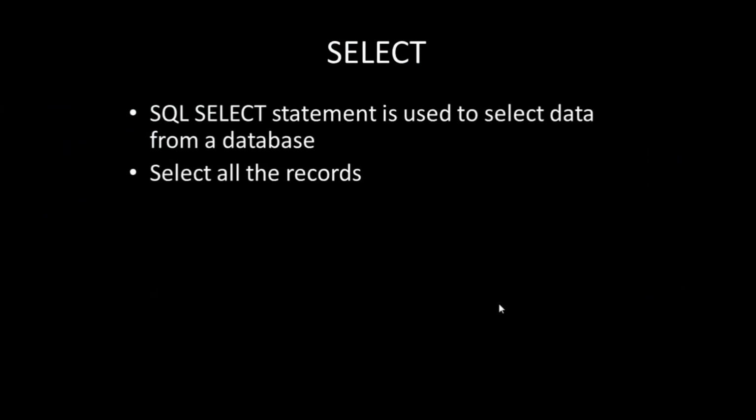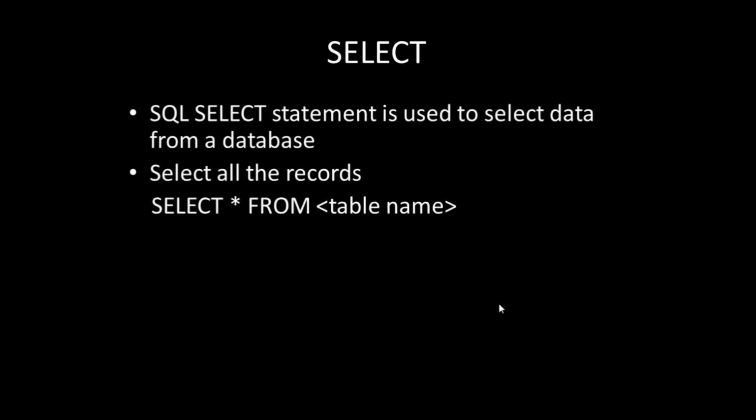Now if you want to select all the records, as I mentioned, one row is called a record in the database. If I want to select all the records of a table, you have to use select star from table name. Initially we will see how to extract the data from a single table.